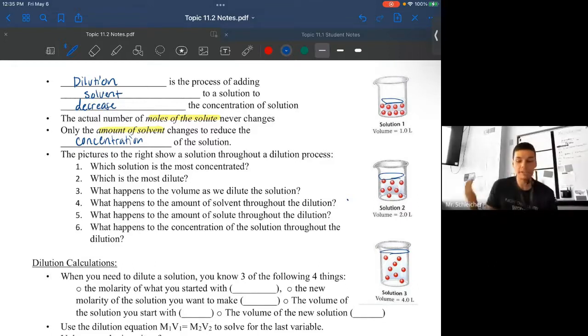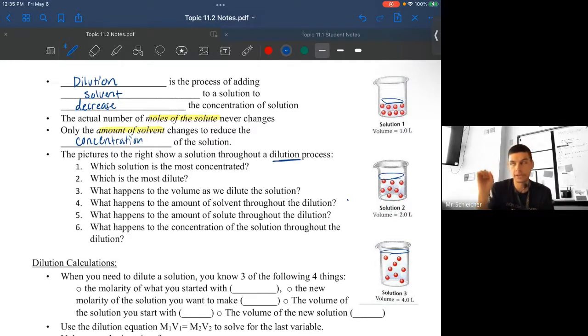All right, so I want you all to look at the pictures to the right here. So just looking at solution 1 versus solution 2 and solution 3. Let's go through these questions together. The pictures to the right show a solution throughout a dilution process. So we can ask ourselves, which solution is the most concentrated? Which one has the most solute per amount of solvent?